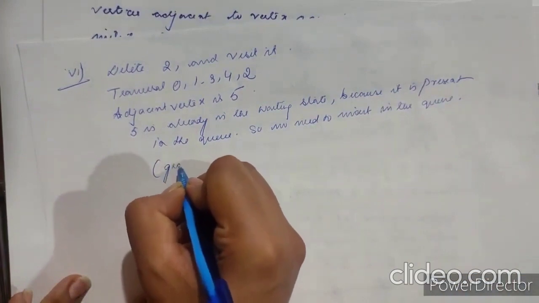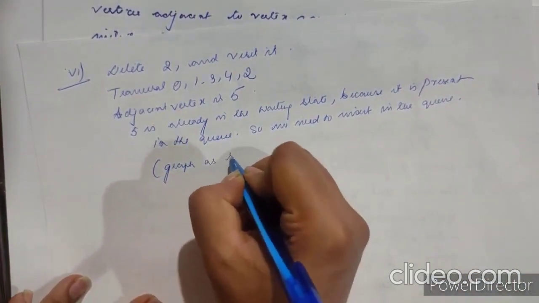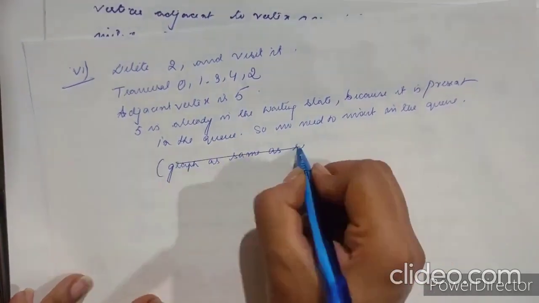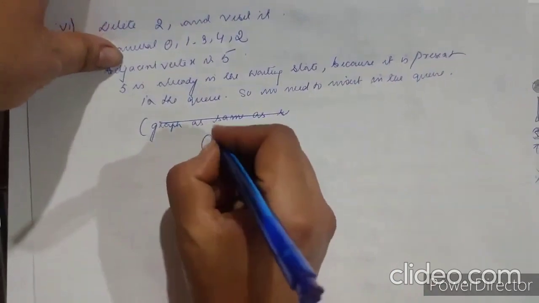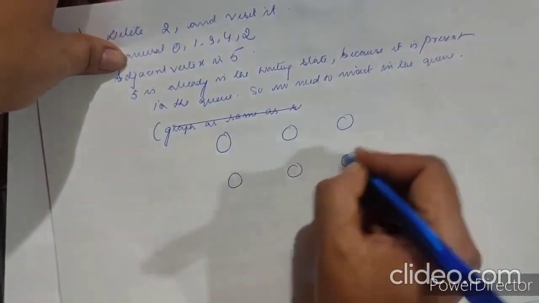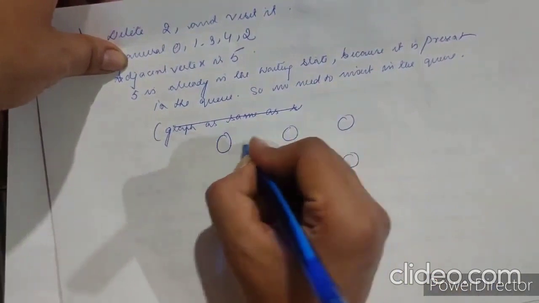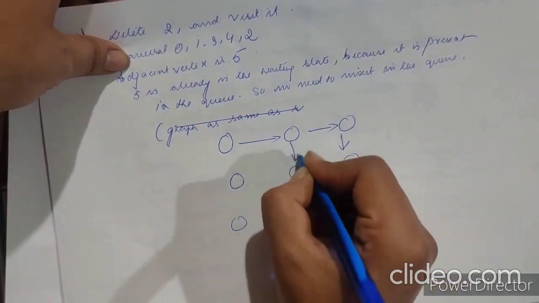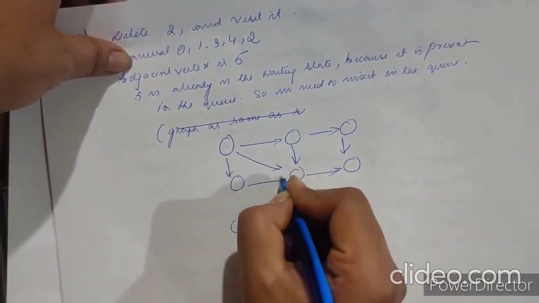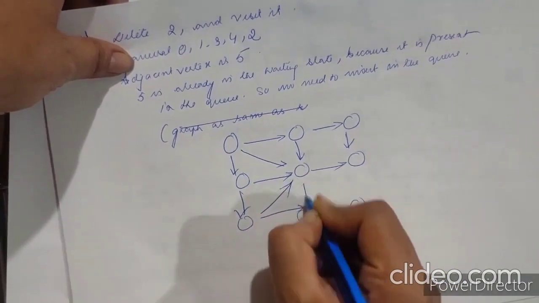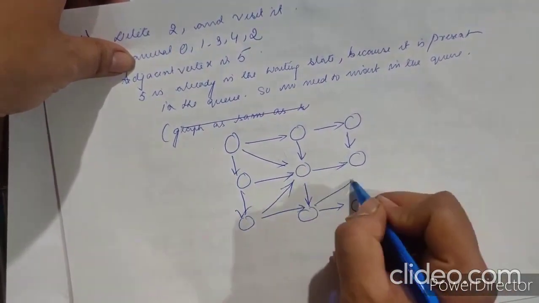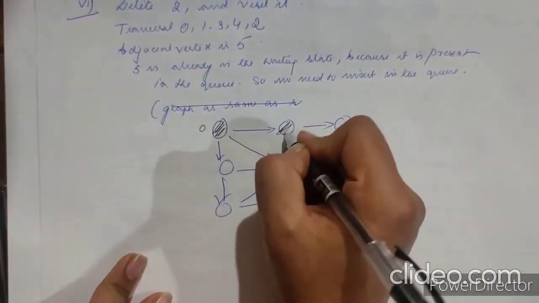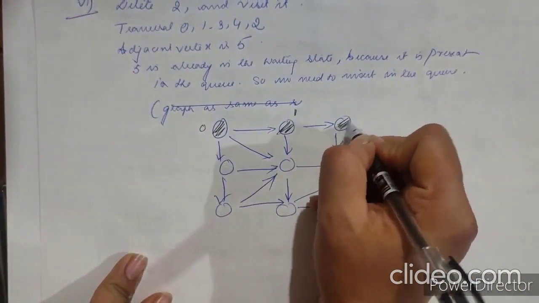So the graph will be same as your graph... graph will not be same because 2 is removed, right? So 2 3 4 5 6 7 8 9. 0 will be removed, 1 will be removed, 2 is also removed.